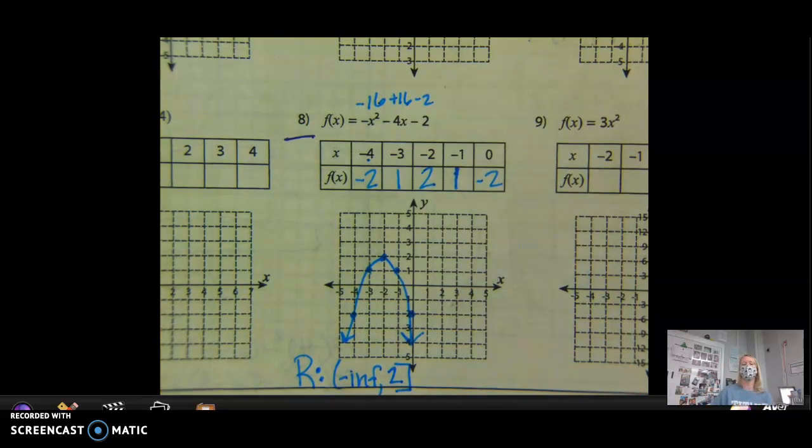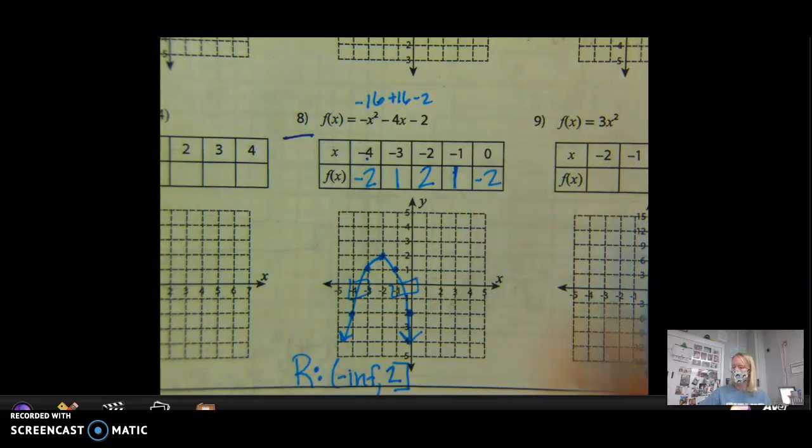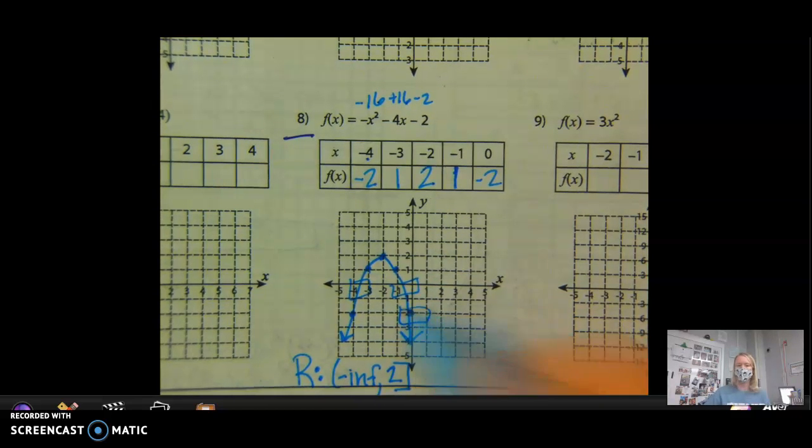And put a bracket. What's your asymptote on this guy? There you go. X equals -2. Perfect. How many x-intercepts would I have on this guy? 2. How many y-intercepts? X-intercepts would be here and here. They look like they're decimal numbers. Y-intercept would be this guy right there.